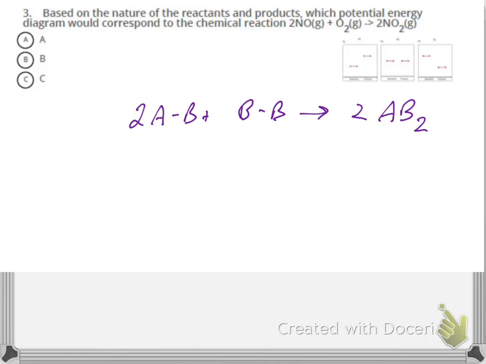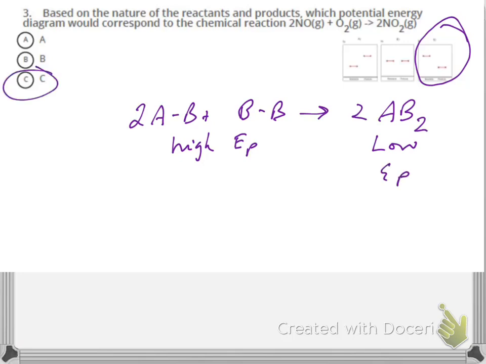Keep in mind that AB are just generic designations. We're just looking for the high potential energy content of the AA or BB bonds. We see that the reactants have high potential energy, the products have all AB bonds, so we would expect this to be an exothermic reaction, and we would pick C, given that the reactants would have the highest potential energy.